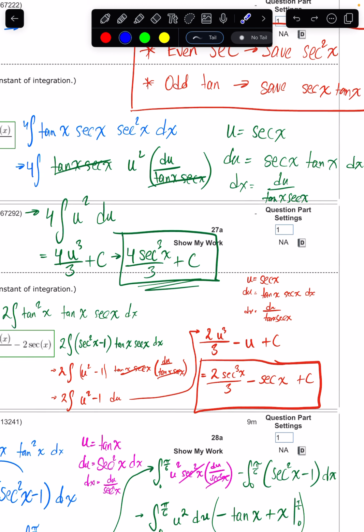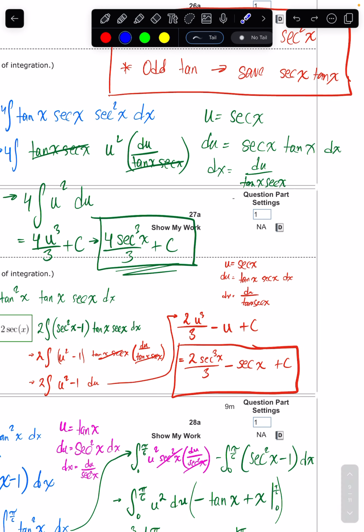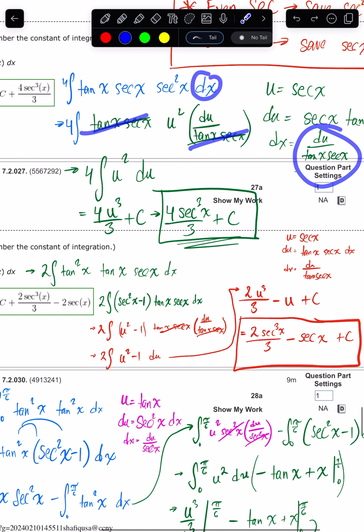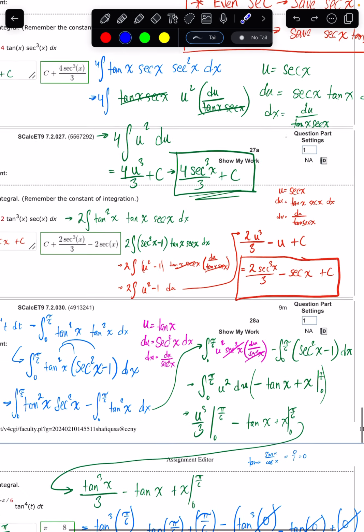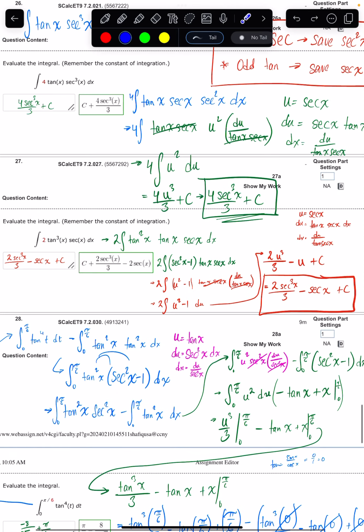So our u is secant x, our du is secant times tan x dx, and we can substitute our dx for this, right? And then this cancels out our tan x secant x, and you're left with u squared du right here. And after that, simple integration again, plug in for u, integrate it, and then plug in, and yeah, that should be it.